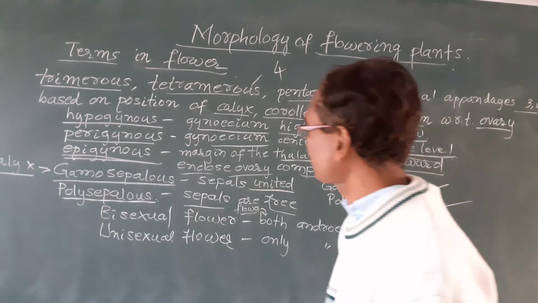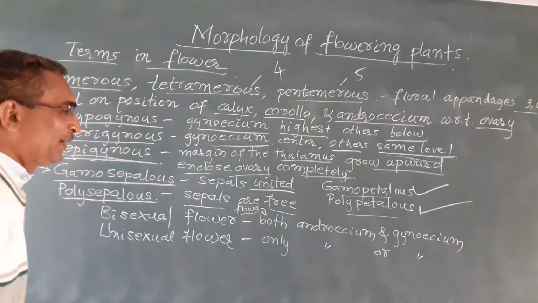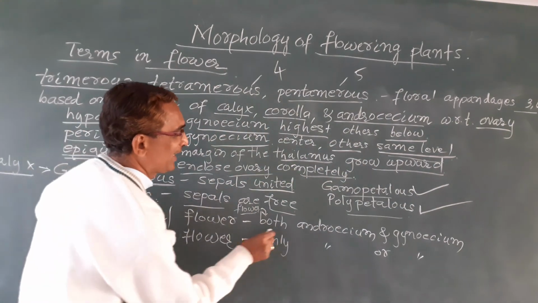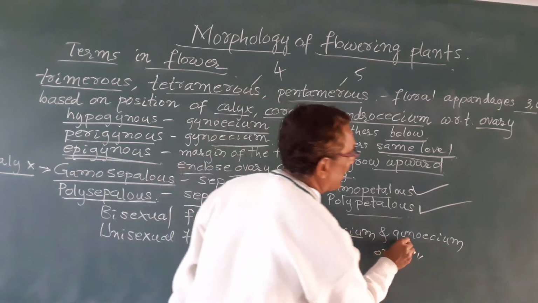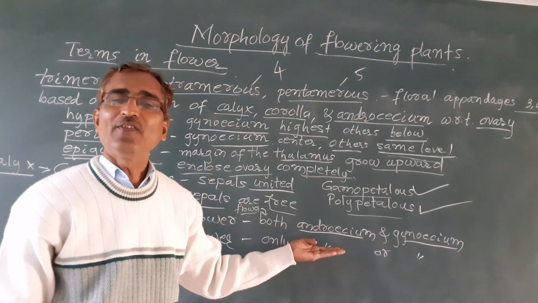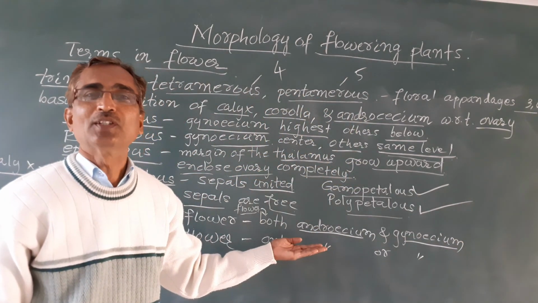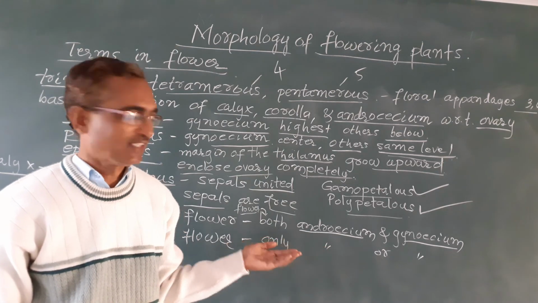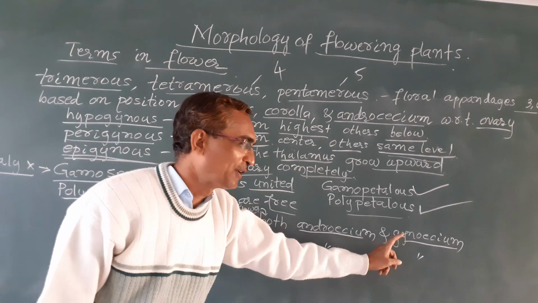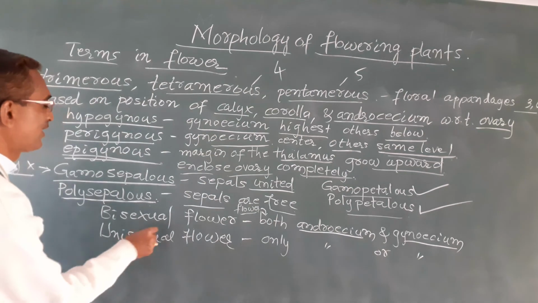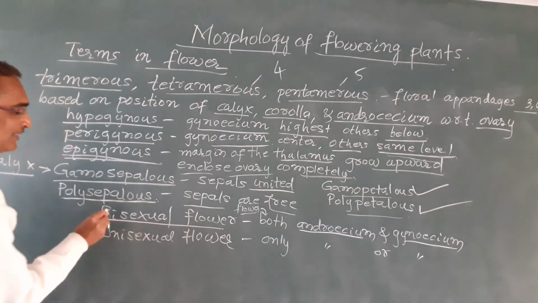If a flower has both androecium and gynoecium, that is both the male and female reproductive structures, such flowers are called bisexual flowers.